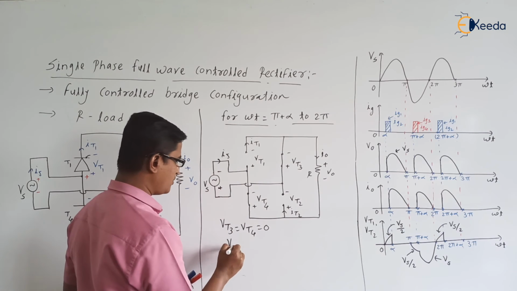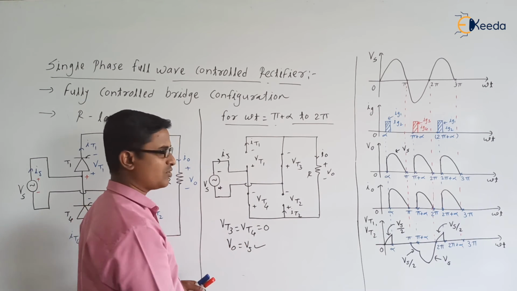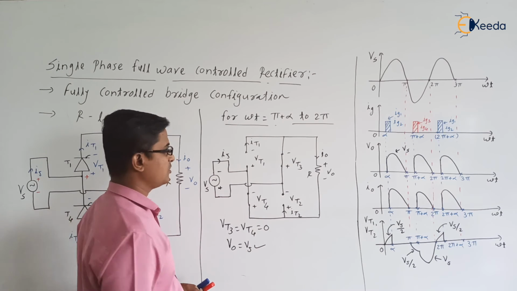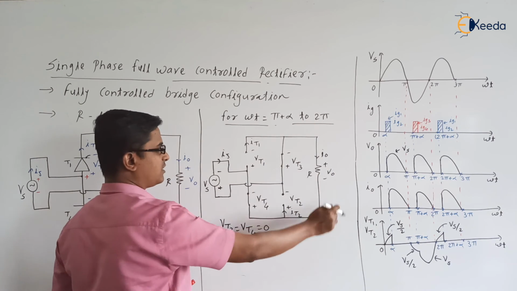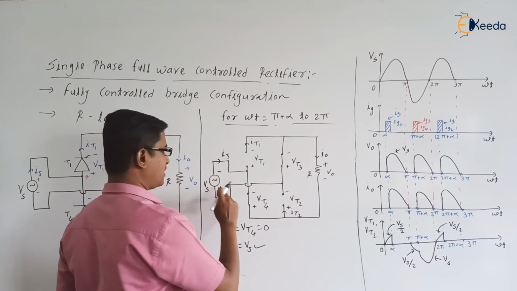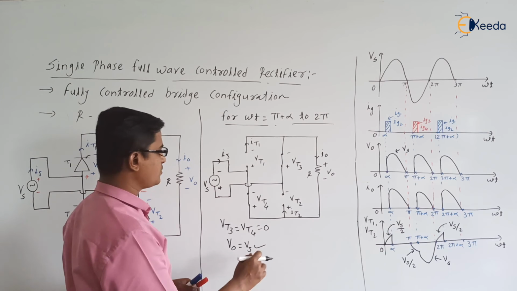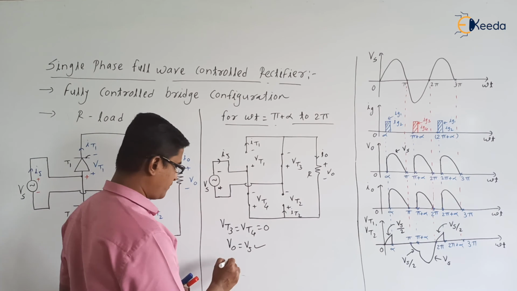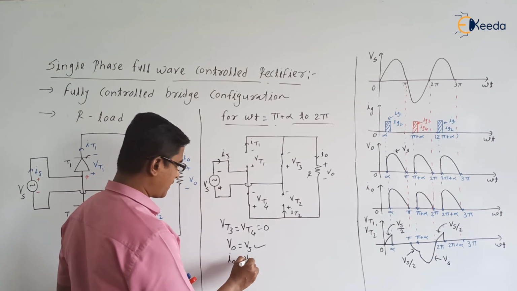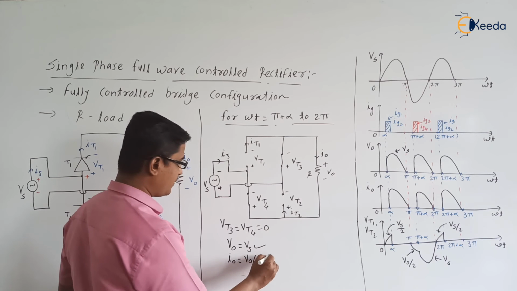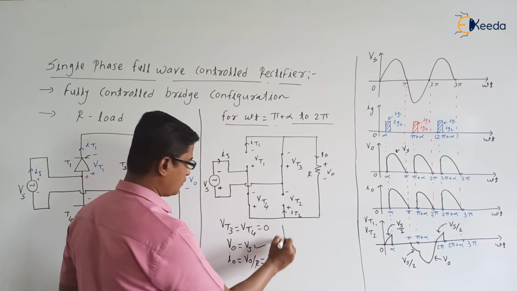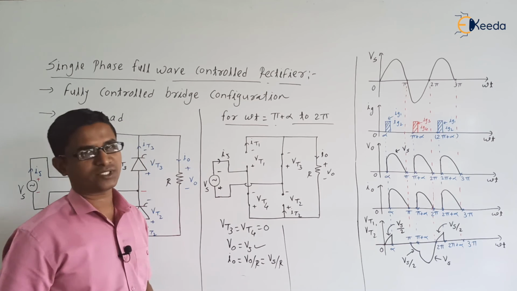From this, V0 is equal to Vs. Because the current direction and the V0 polarity are the same, the current in the load is flowing in the downward direction. So V0 is equal to Vs. What is I0? I0 is equal to V0 by R, which is Vs by R.